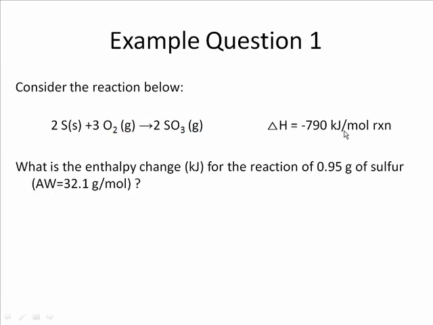But we're told that we have 0.95 grams of sulfur. That's not a mole of sulfur, and in fact, more to the point perhaps, that's not 2 moles of sulfur. But we want to know, even though we've got some odd sort of quantity of sulfur, how much heat will be released.